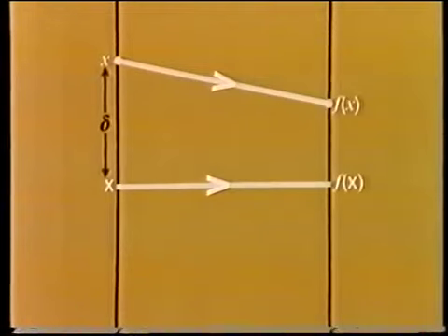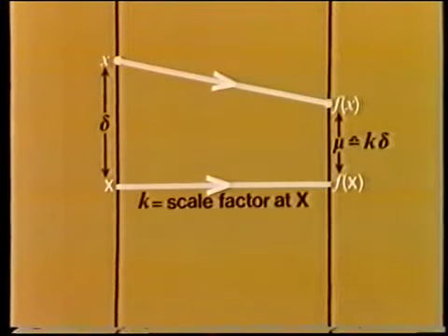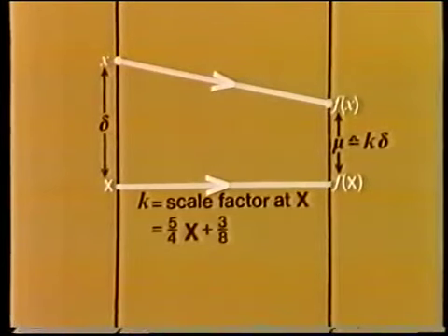We have a point, capital X, and an approximation to it, little x, with error delta. When we apply the function, the propagated error mu is approximately a multiple of delta, k times delta to first order, where k is the scale factor at capital X, which is 5 over 4 times capital X plus 3/8 for this function.